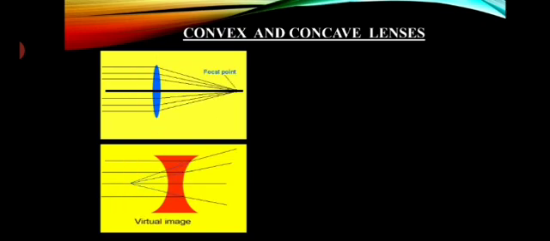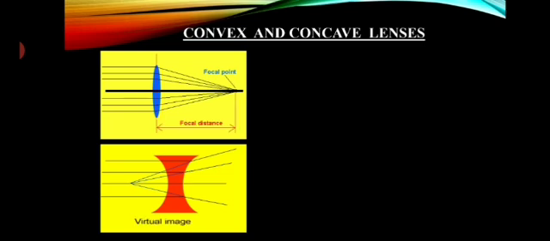That is, they have a diverging nature, but they form a virtual image on the same side of the lens, which appears to us as if it is a converging lens, but it is actually diverging.